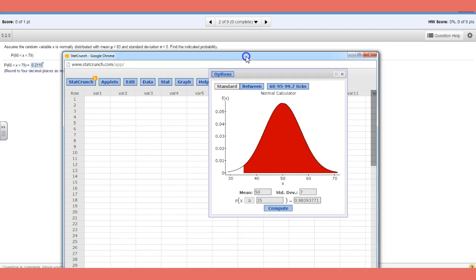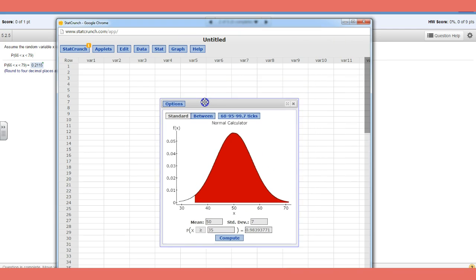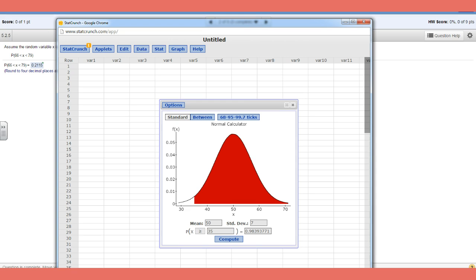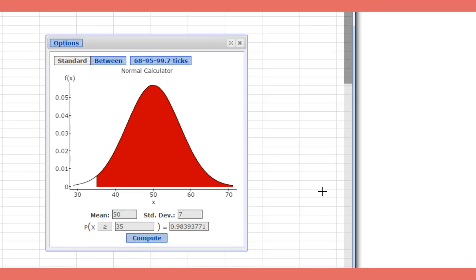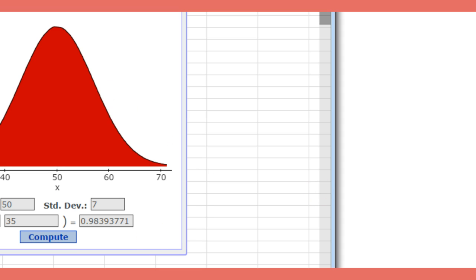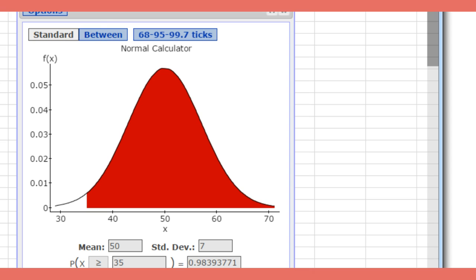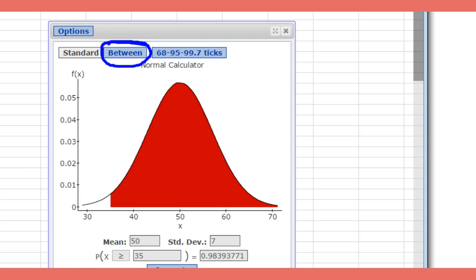Okay, here's my StatCrunch, and because it's the area between, you have to toggle between standard and between. You have to click on between first. So let me go ahead and click that.